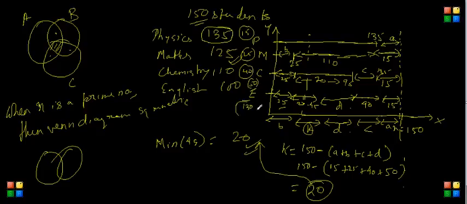This would be 130, and now this should be subtracted from the 150. So this is what we are doing here. Basically when we are making gaps like these, we are leaving unconsumed parts. We are then looking at projecting them on the x-axis and seeing the sum of all this. That is nothing but 150 minus the actual intended value of minimum number of students passing 4 exams. So hope you get the concept here.